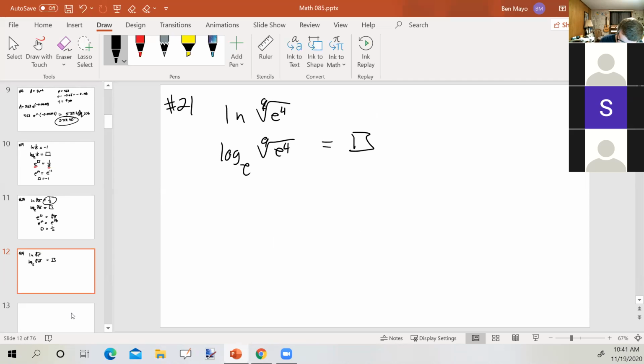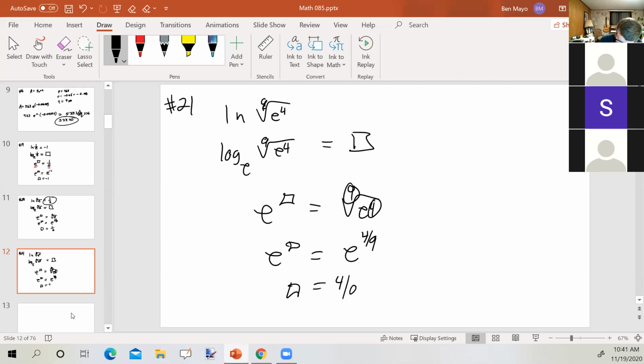Changing it into exponential form, e to the box equals the 9th root of e to the 4th. But the 9th root of e to the 4th would be e to the 4/9 power, exponent on top, index on the bottom. So the box is 4/9. Okay.